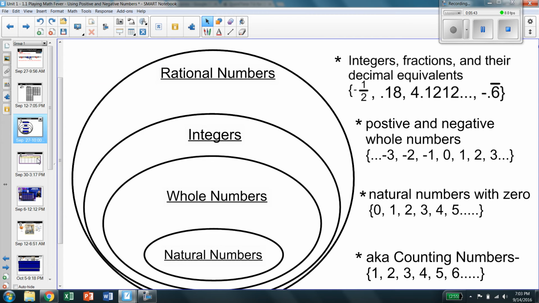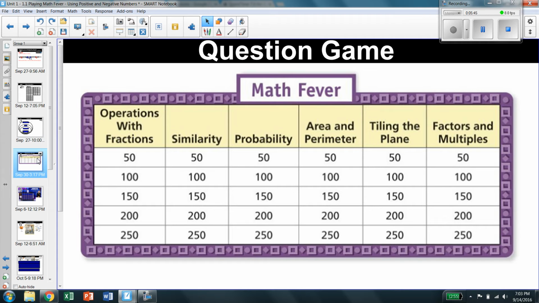Okay, so there's this game called Math Fever, and it's a question game, and if you answer a particular question right, you get those number of points. If you answer a question wrong, you lose those number of points. So automatically, I'm sure a lot of people go, yep, this is Jeopardy, heard of it, I've seen it on TV. Maybe you're not good at the real thing like me, but that's okay.